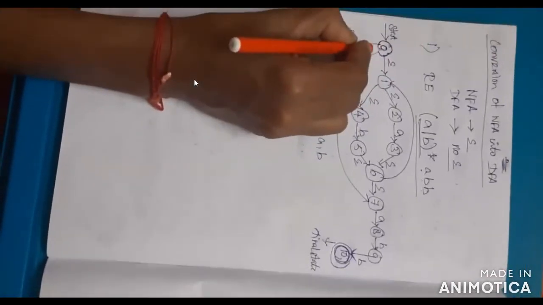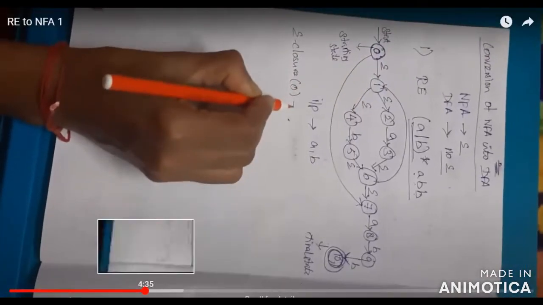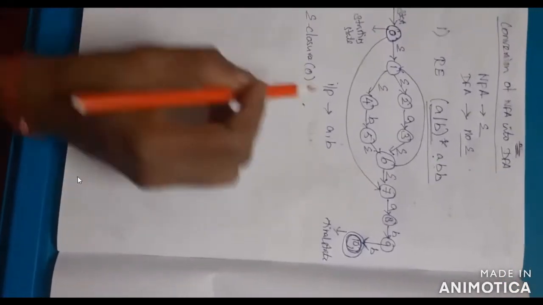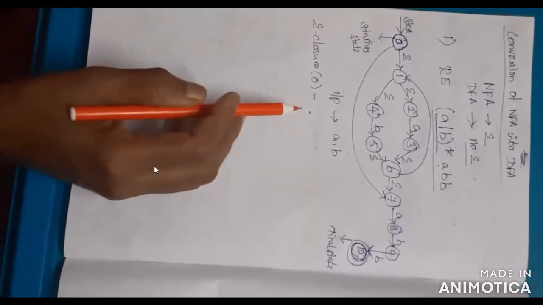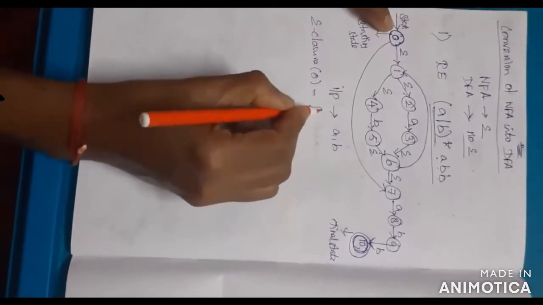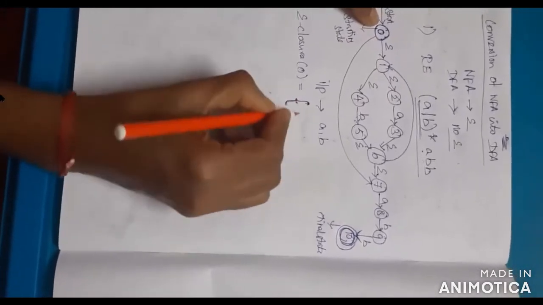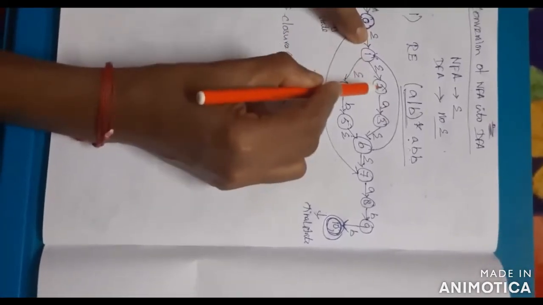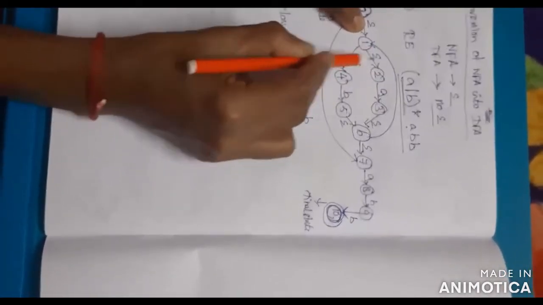What is the starting state? 0. E closure of 0 is nothing but the empty transitions. You have to check 0 to 1. Consider the braces symbol, you can start here: 0, 0 to 1. Then from 1 you can move 1 to 2, 1 to 4. Both are empty transitions.